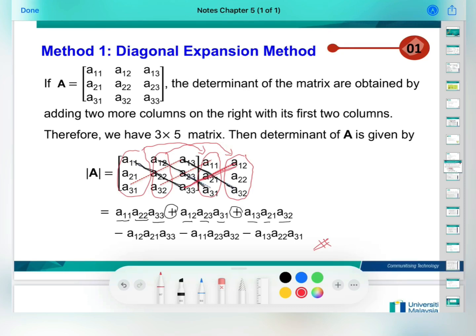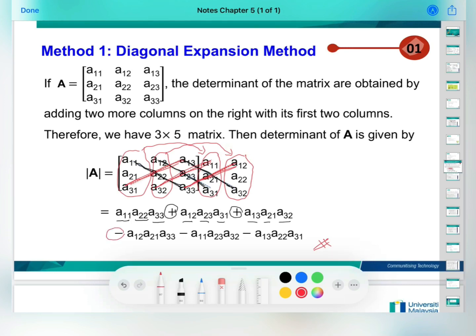Red line here, the first red line, the second red line, the third red line. The first red line is A12 times A21 times A33, and then you subtract.